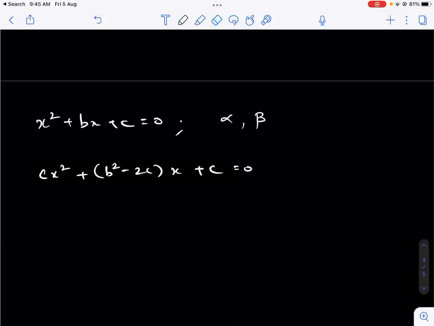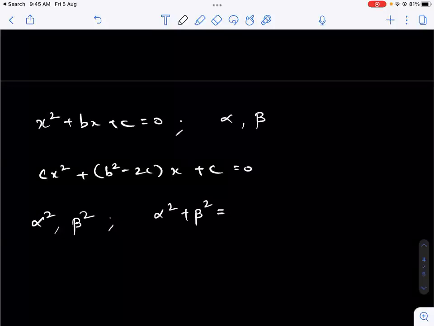Now, what we'll do is we'll check with each option. If it is alpha square, comma beta square, then what should alpha square plus beta square be equal to? Sum of two.